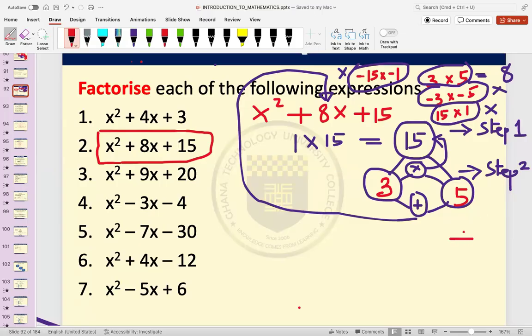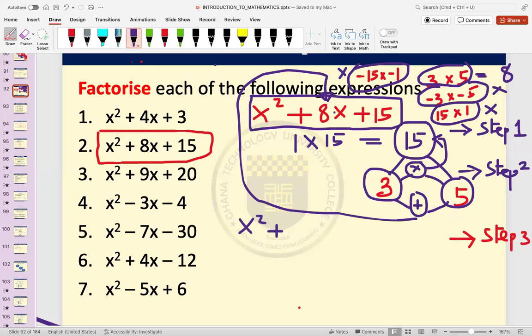Now, step 3 says that we should rewrite the original equation using the results in step 2. The original equation is x squared plus 8x plus 15. In rewriting this, we write the x squared, plus, instead of the 8x, we split it with the two numbers we have here, 3 and 5.